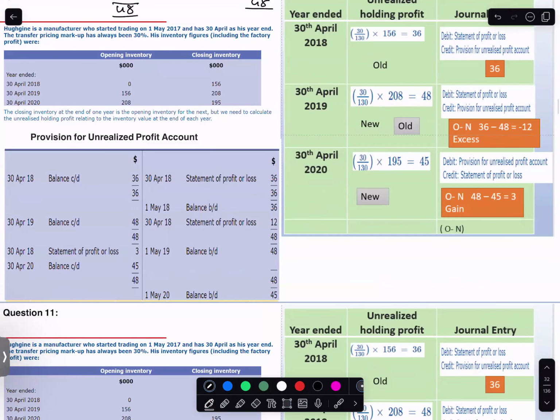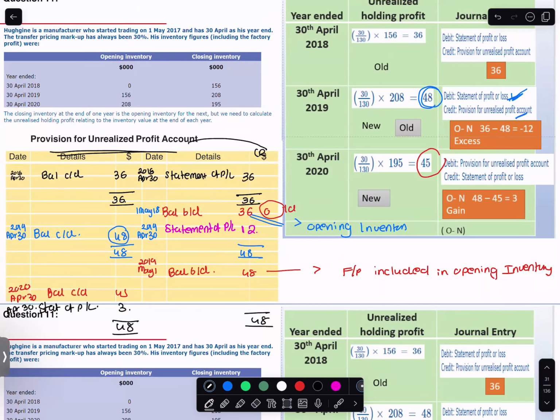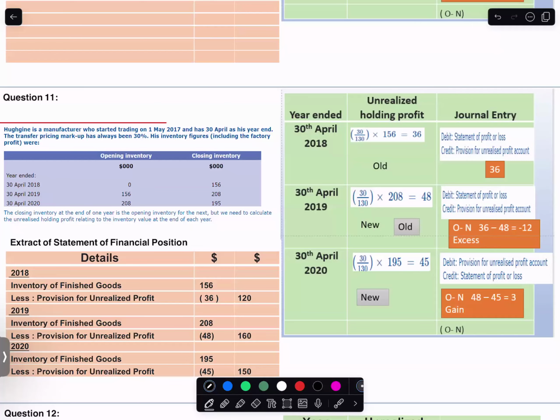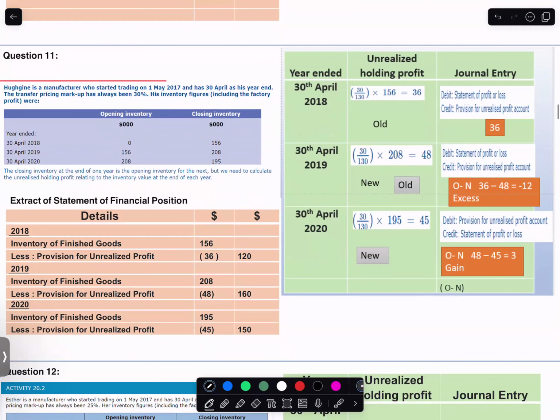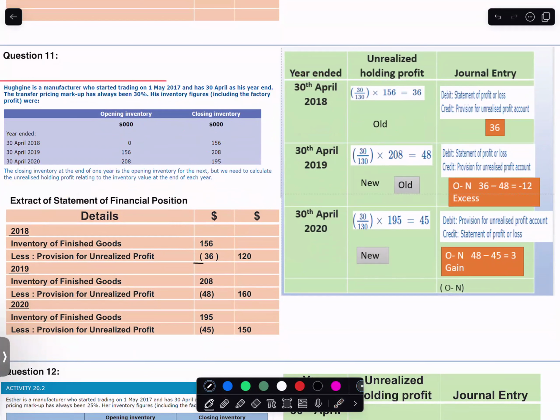Let's go ahead. So this is your PUPA. You have to make a statement of financial position. So statement of financial position for 30 April 2018. Your closing inventory of finished goods would be 156. From that, you will remove your PUPA included in the closing inventory, and then you come to 120. Now 2019.